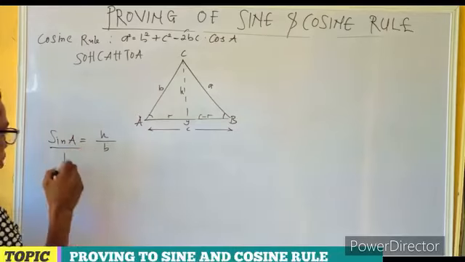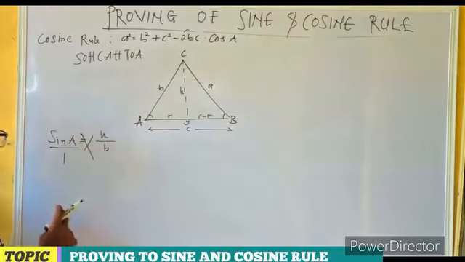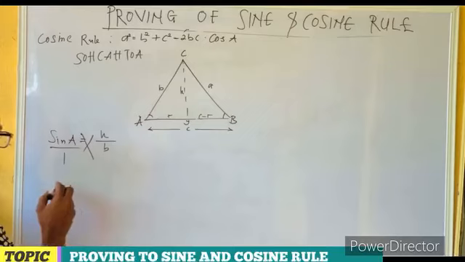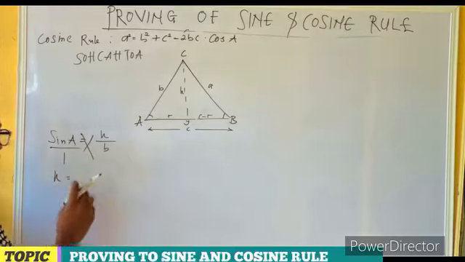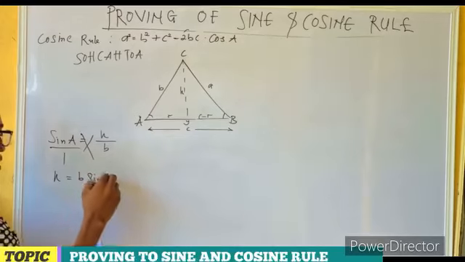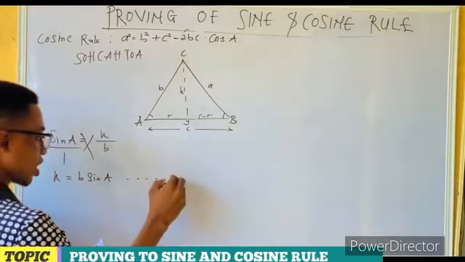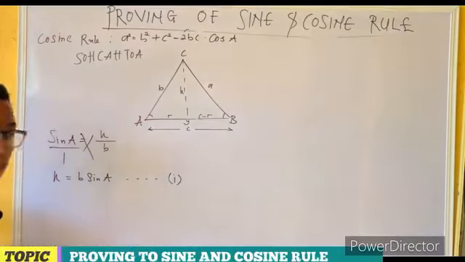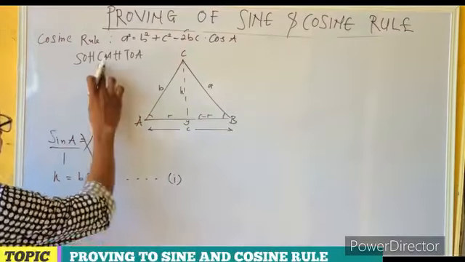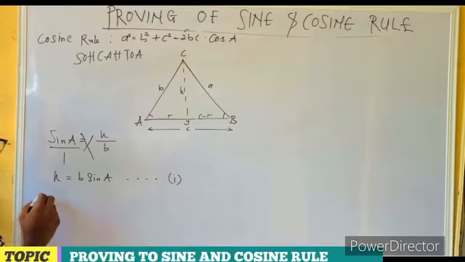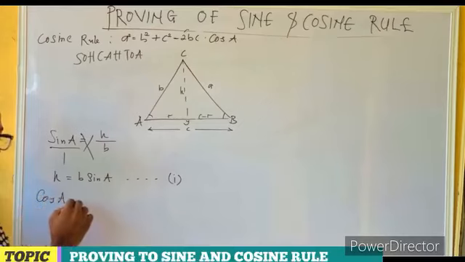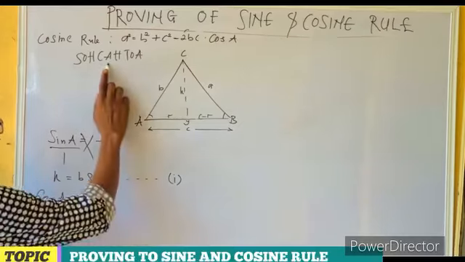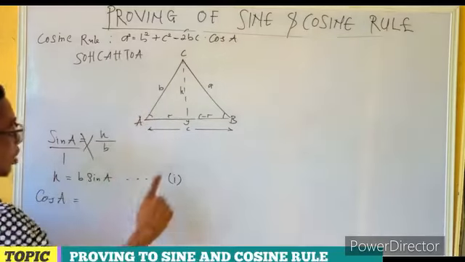We need to cross multiply. So h multiplied by 1, we have h, equals b multiplied by sine A, we have b sine A. Let's denote this as equation 1. Talking about cos, we have cos A is equals to adjacent over hypotenuse.